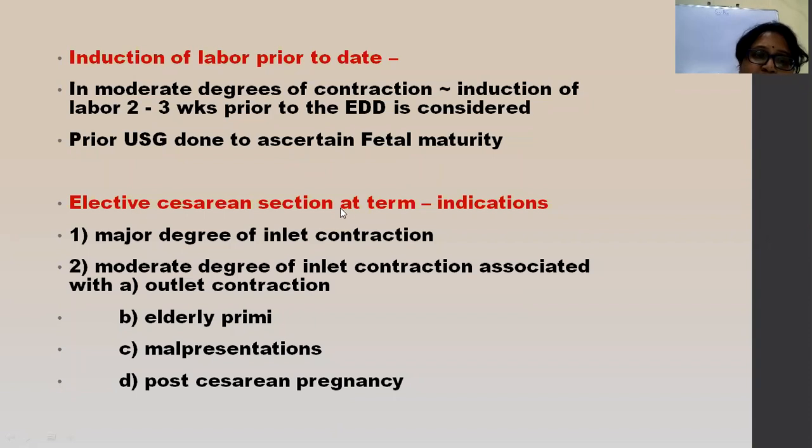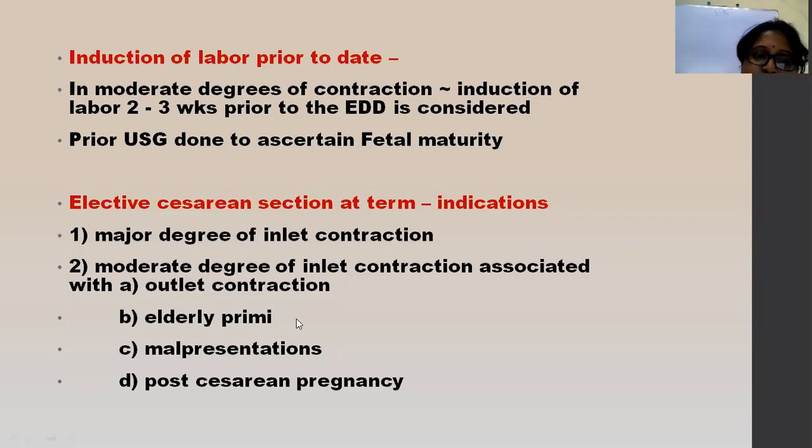And when is elective cesarean section done? It is usually done at term. And what are the indications? When there is a major degree of contracted inlet, or a moderate degree of inlet contraction associated with mid-pelvic or outlet contraction, you can go directly for cesarean.